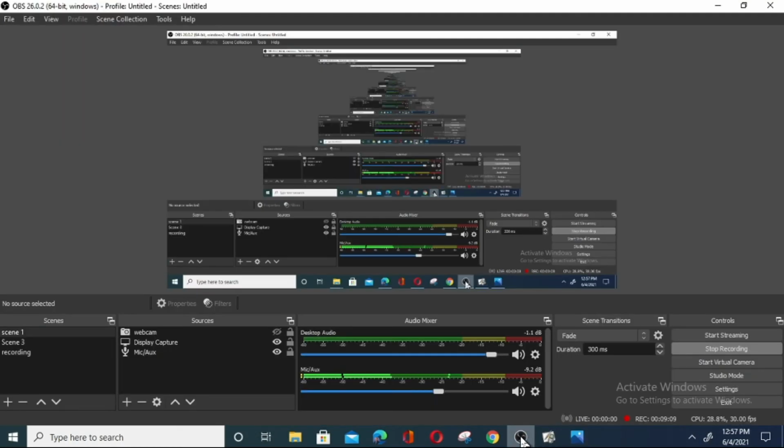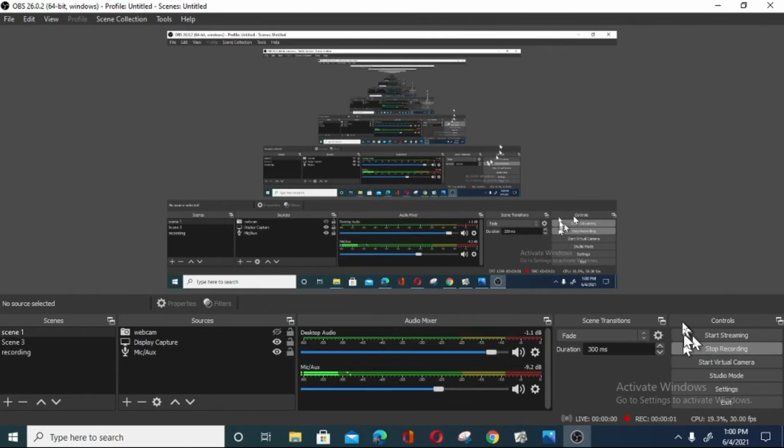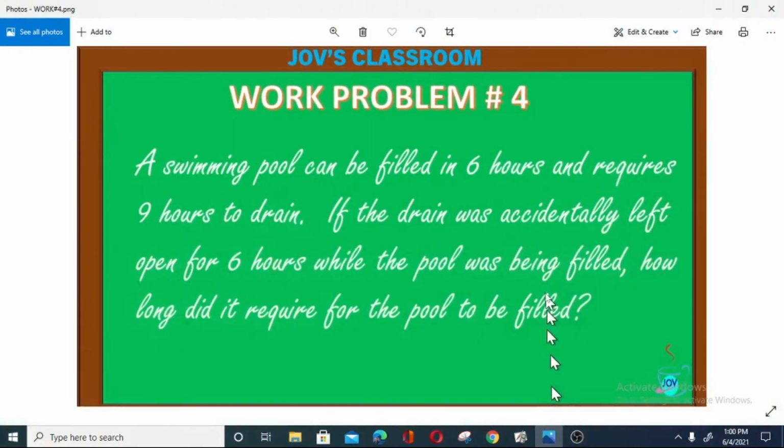Okay, so let's proceed and answer problem number 4. A swimming pool can be filled in 6 hours and requires 9 hours to drain.